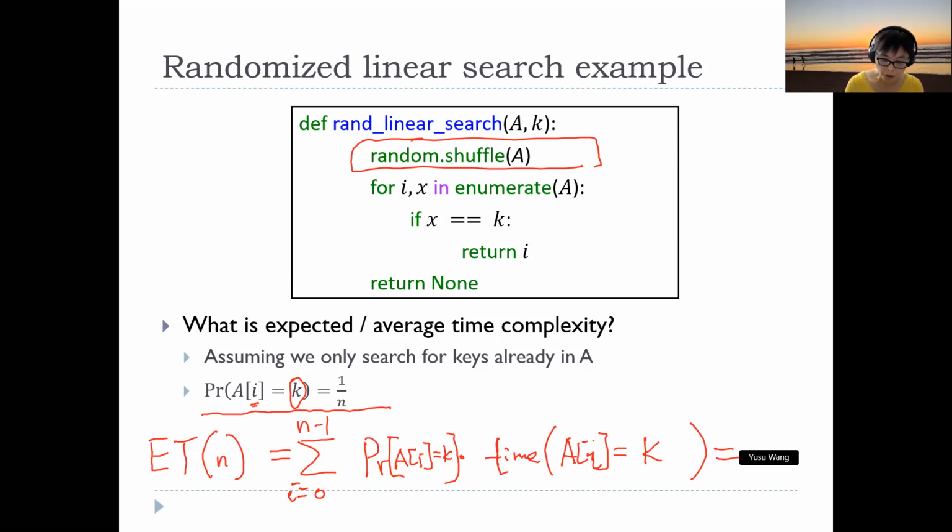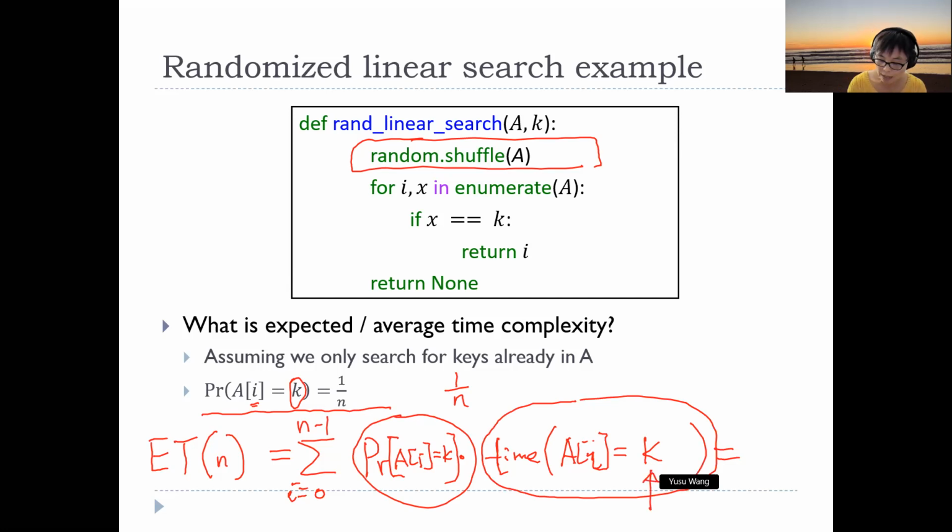And since we already know the probability is 1 over n, this is the same. And what we did last time is that if the key you're looking for is in the ith position, then you return after i iterations of the for loop because we found it, which means that the running time is C times i.